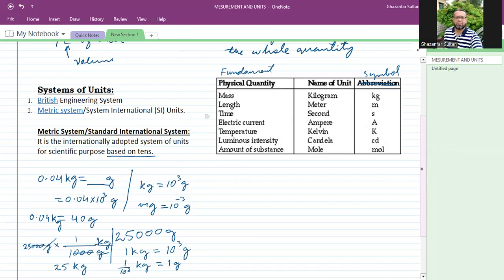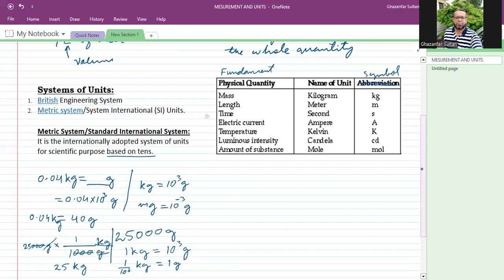Electric current, ampere, capital A. Temperature, Kelvin, capital K. See, for kilo it is a small k, and for Kelvin it is capital K. And there is no degree sign. Luminous intensity is candela, small c, small d. And amount of substance is mole. The spelling is M-O-L-E, but the symbol is small m, small o, small l.